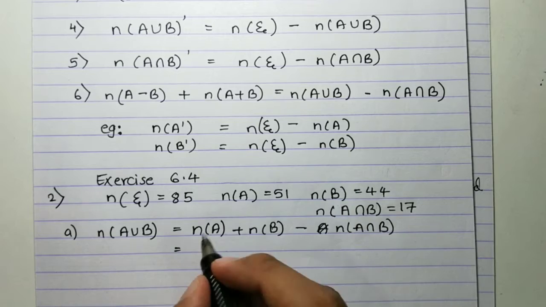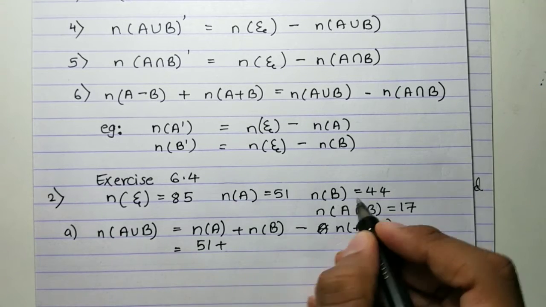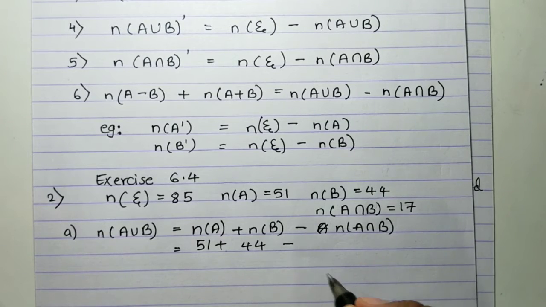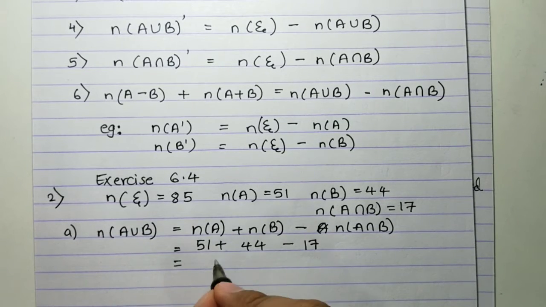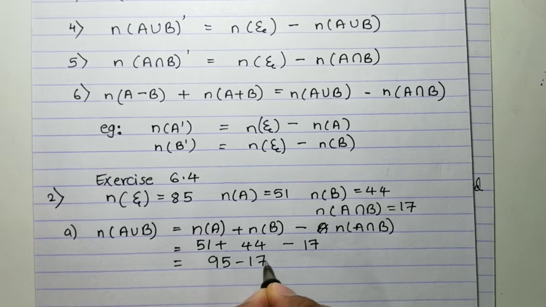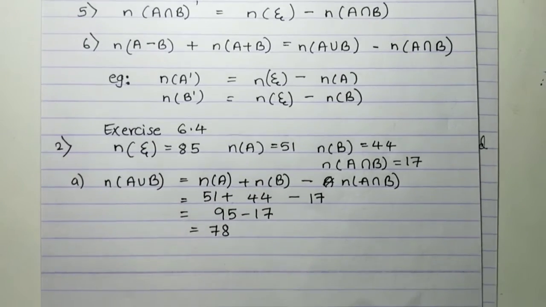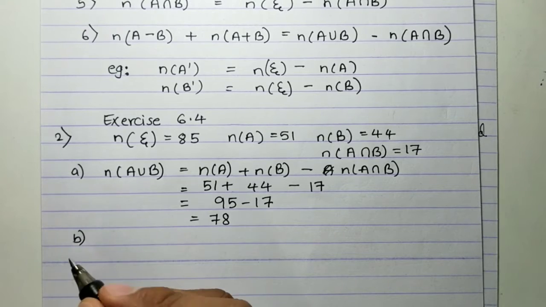What is N of A? 51. What is N of B? 44. Minus what is A intersection B? 17. So this is 95 minus 17. What will be the answer? It will be 78. Okay, very simple.